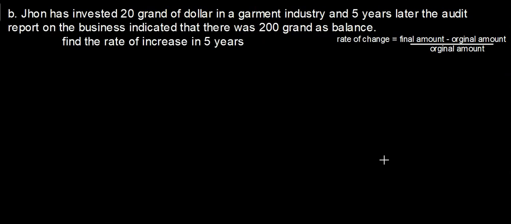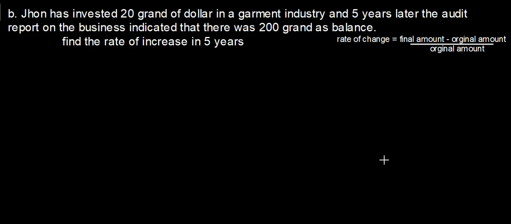For the second question, it says John invested $20,000 in a garment industry, and 5 years later, the audit report on the business indicated a balance of 200 grand. Find the rate of increase in 5 years. We're going to use a formula for this one.